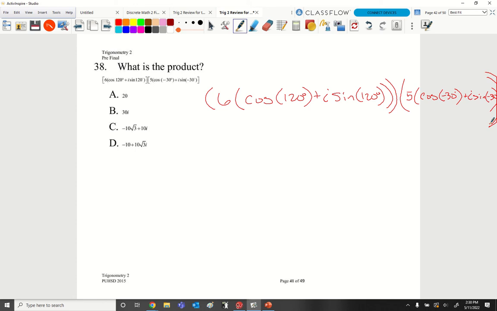When you're multiplying 2 of these, it's going to be 6 times 5, and it's going to be in the mode of cis, because I don't want to write all that. What's the mode cis? Cis is cosine i sine. Oh, it's just abbreviated. You should have said that. I have been saying that. I didn't hear that. Okay, if this is a multiplication, what happens in between my 2 angles?